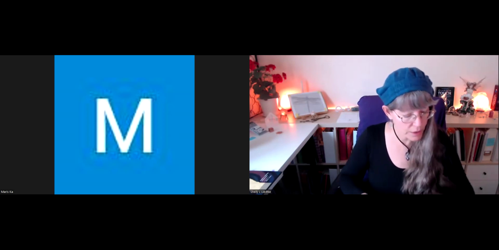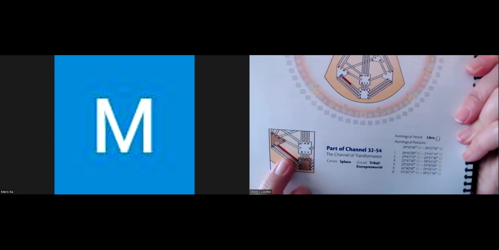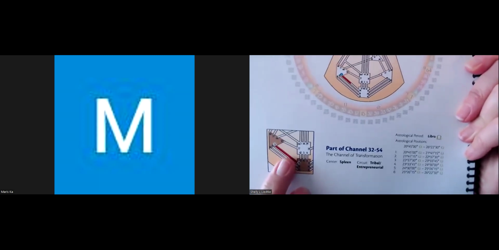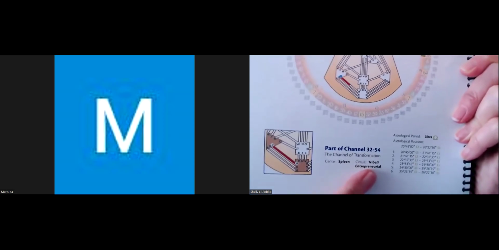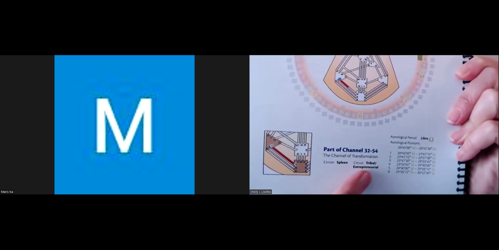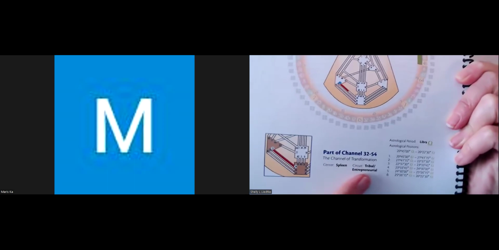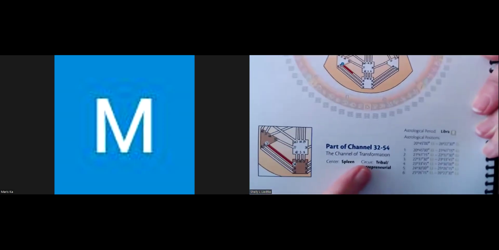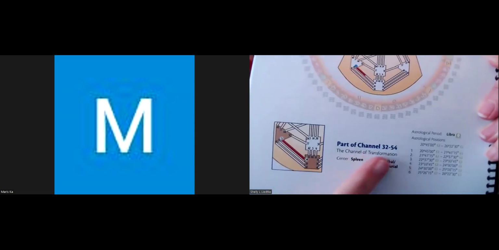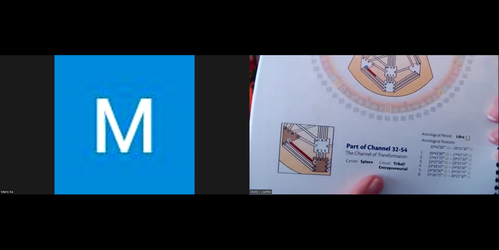Alrighty. So let's see Shaitan's Book of Lines. And you can see it's in a tribal circuitry, meaning it has to do with the tribe overall and the care of the tribe. So this is the channel of transformation on the 32-54 channel.